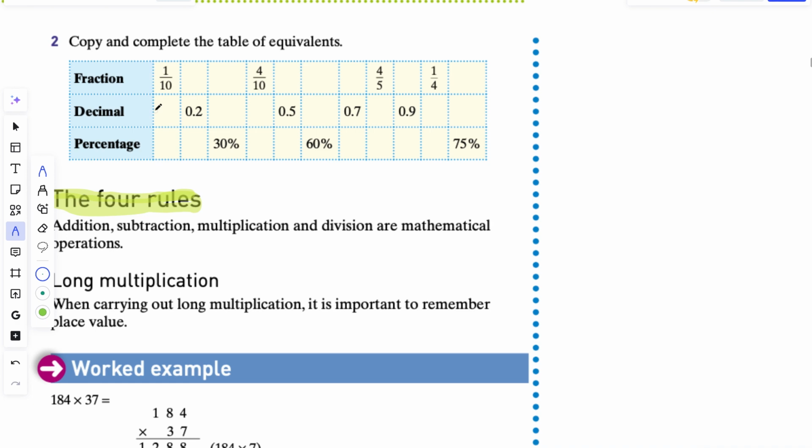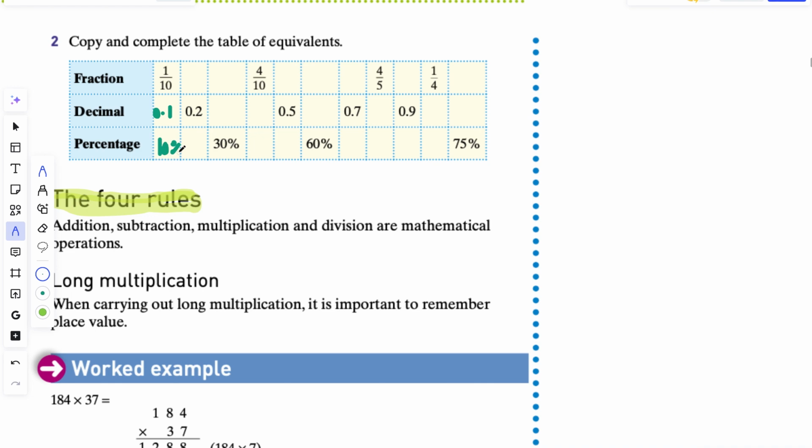This will be 0.1. 1 over 10 is 0.1 if you change it to decimal. Now, if you change to percentage, multiply by 100. 0.1 times 100, you move the decimal. 100 has 2 zeros, so you move it 2 places to get 10%. If you change it to percentage, this will be 10%.